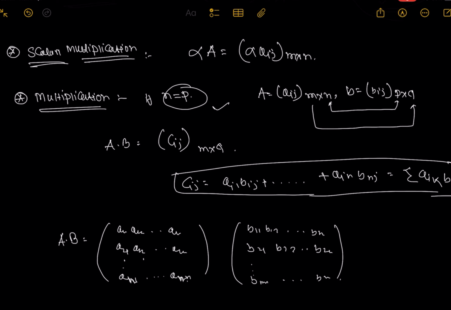What is the given criteria? This is m cross n, and this is n cross q.